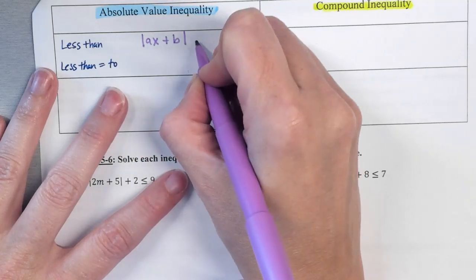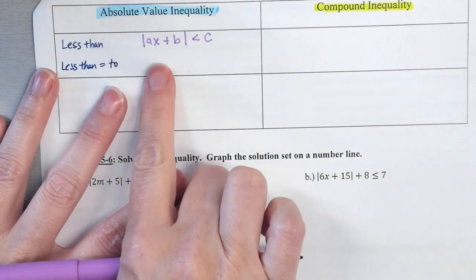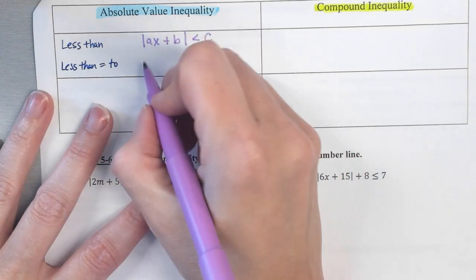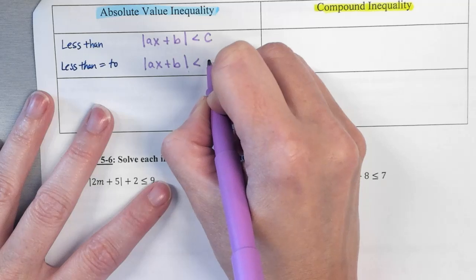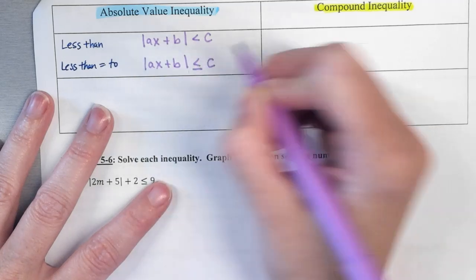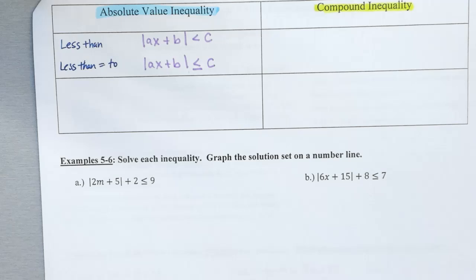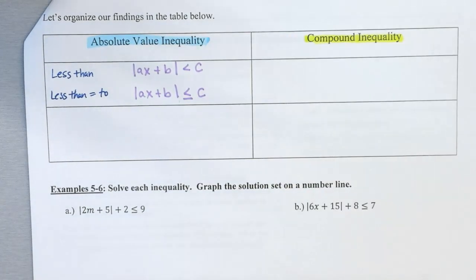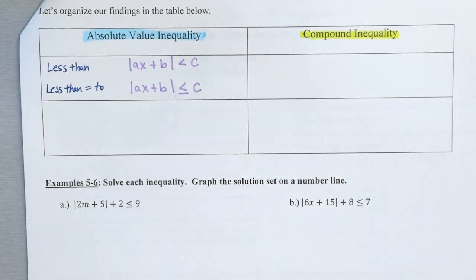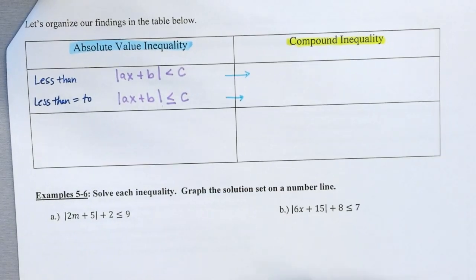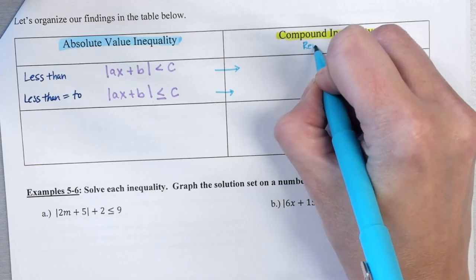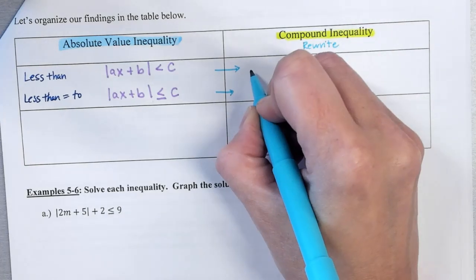Once you get the absolute value isolated, you have a less than or less than or equal to. Okay, then you can rewrite it as the compound inequality.